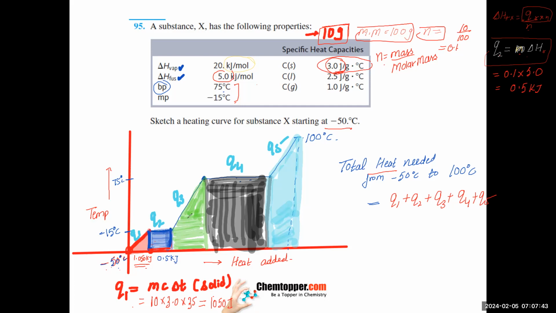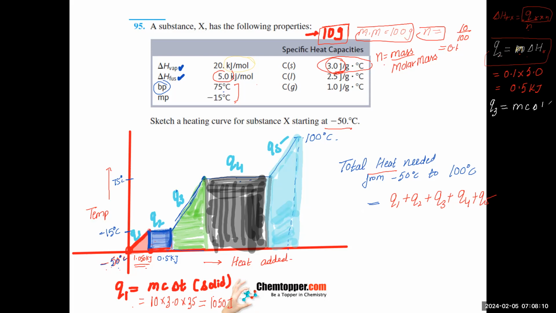Now how to calculate the next one, which is Q3? So what is Q3? There is a change in temperature. So which equation am I going to use for Q3? It's totally liquid.